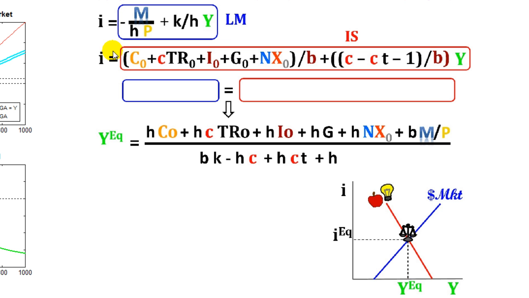So this is what we do here. The interest rate for the LM curve is going to be equal to the interest rate for the IS curve. So if we do that, then we get only one variable, which is income, and this income that we get is the income in equilibrium, the income for which both interest rates are the same.